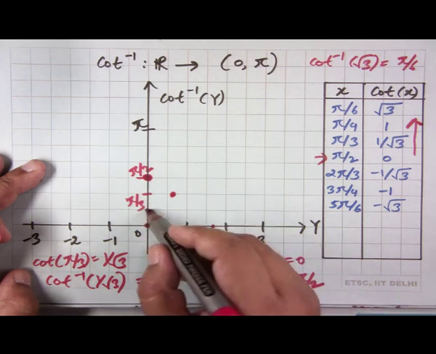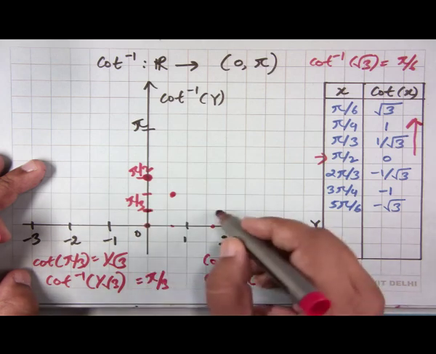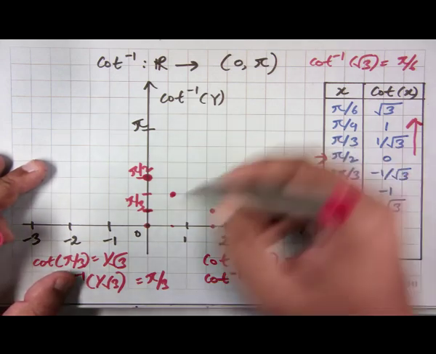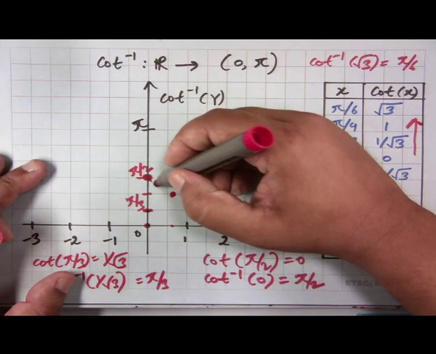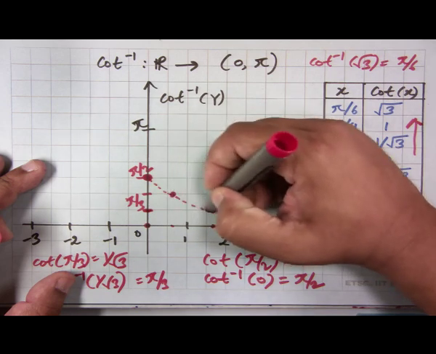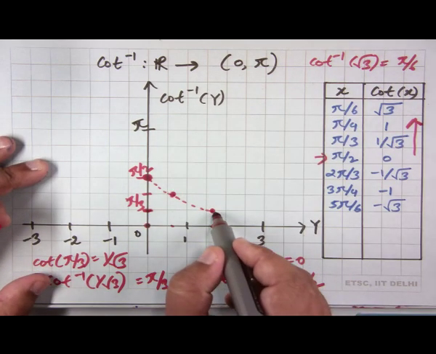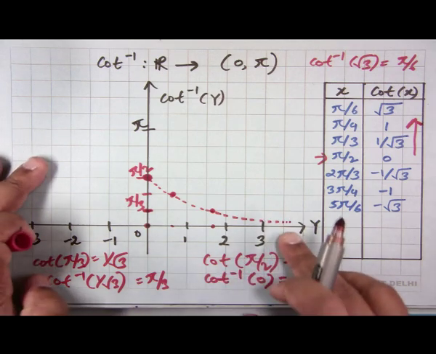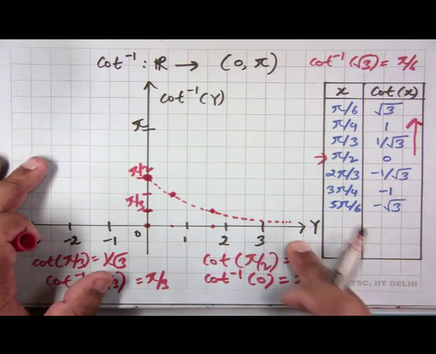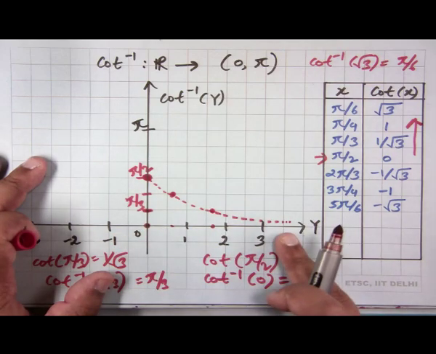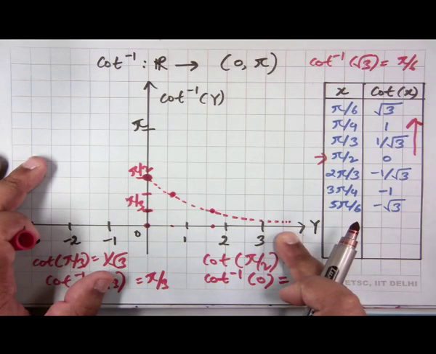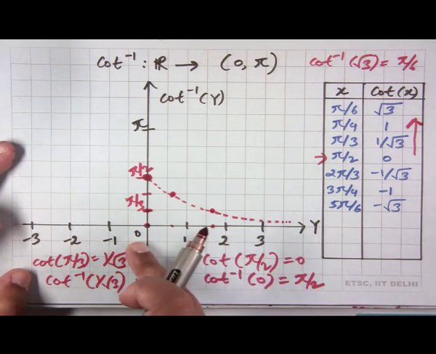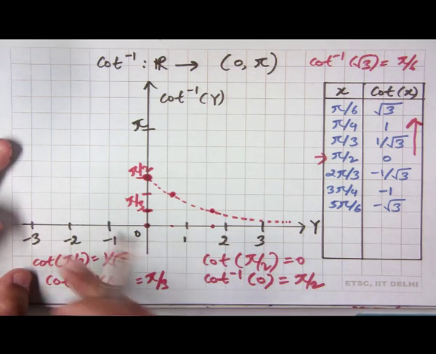So, this is pi by 6. So, we get this point on the curve, right. So, essentially, so far we have plotted, and it will go like this, but as y goes to infinity, cot inverse y will go towards 0, but it will never be equal to 0, right.